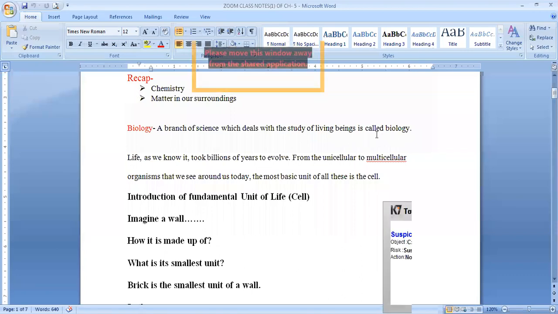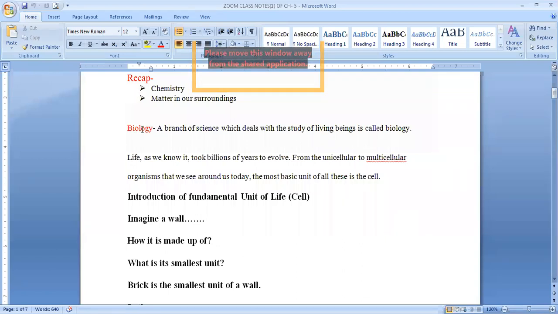Means this is a branch of science in which we will study living beings, what is their structure, what are their functions, right? So this we are going to read about living beings in biology.